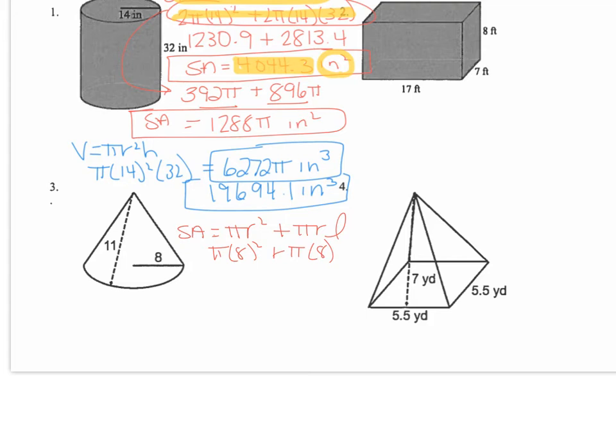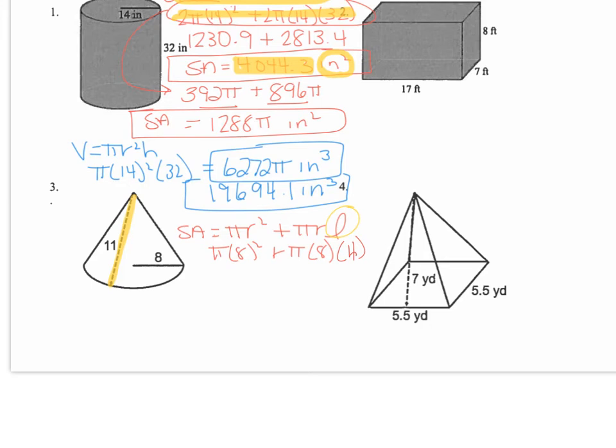Notice I have this funny looking L. L in our notes, remember we talked about was slant height. Slant height, it's the height of the edge of your shape. So this right here is my slant height. So L is 11. So I'm now going to plug this into my calculator.